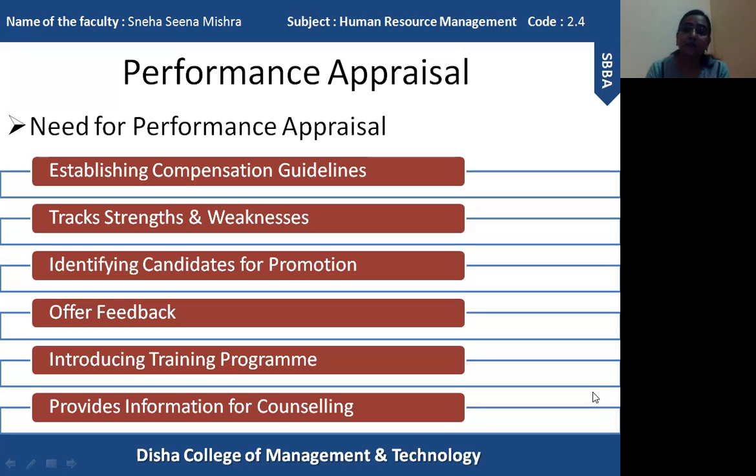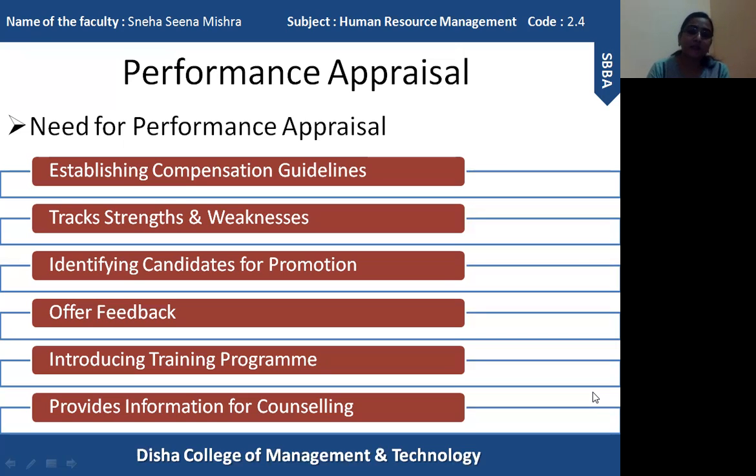They can try to get rid of their weaknesses, or convert their weaknesses into strengths. So it keeps a record of all the strengths and weaknesses of the employees, and this information can help the employees to develop themselves. It helps them to grow also.